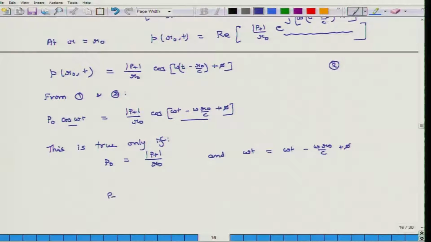So, I get p plus equals P naught r naught, and omega t cancels out, so phi equals omega r naught over c.